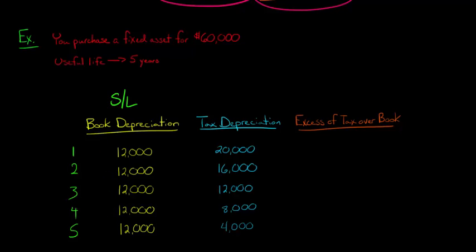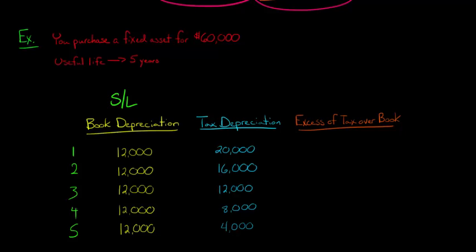Now, let's say for tax purposes, usually tax accelerates the depreciation. Basically the government is doing a favor to businesses to encourage them to invest and to accelerate their deductions. They still take the same total depreciation. If you add up all the depreciation, it's $60,000 over the life of the asset.